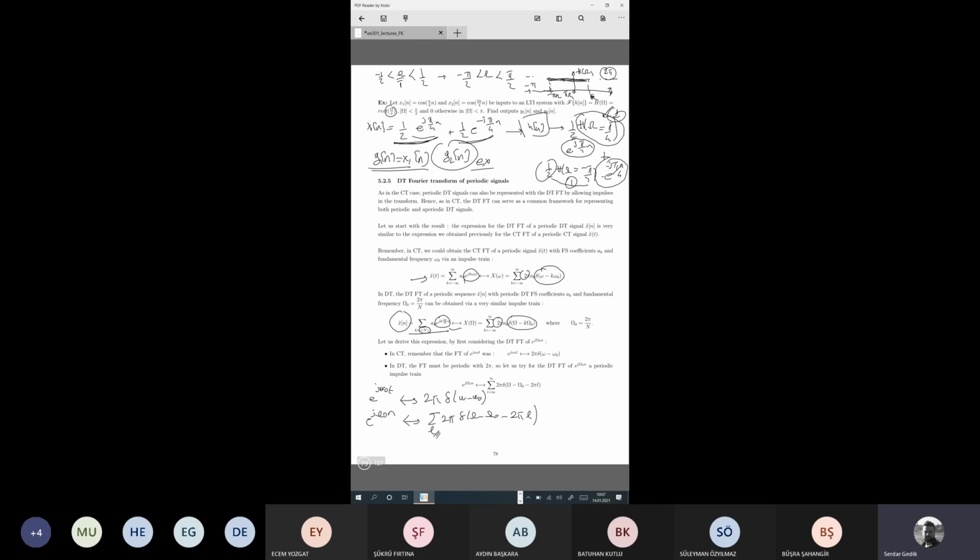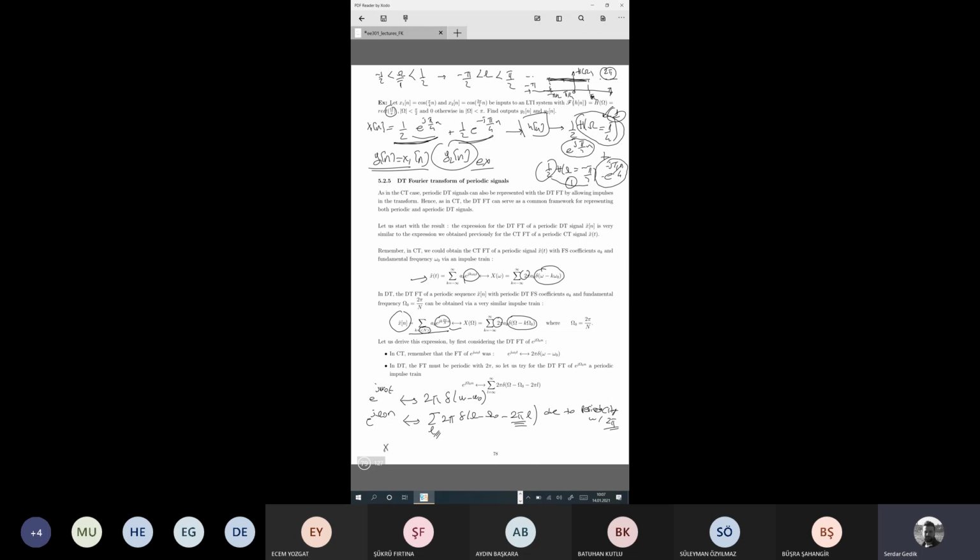Actually, this summation over L and the 2 pi L are due to periodicity with 2 pi. So the discrete time Fourier transform must be periodic with 2 pi. This is why there is a summation, and the terms are shifted by 2 pi L amounts.